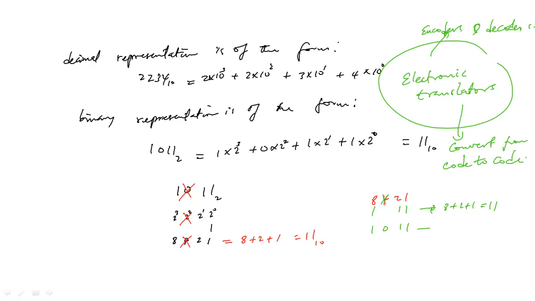So we'll just run through the code conversion. We have the binary coded decimal, the gray code, and the excess codes, right?